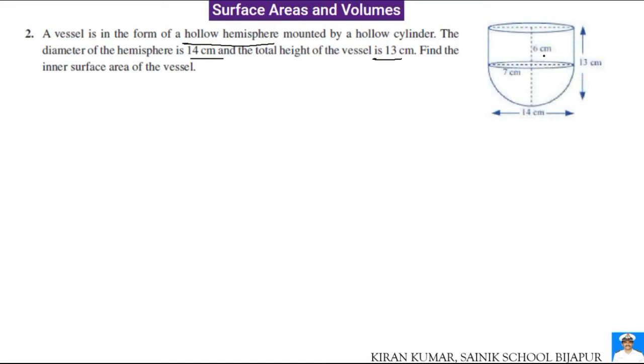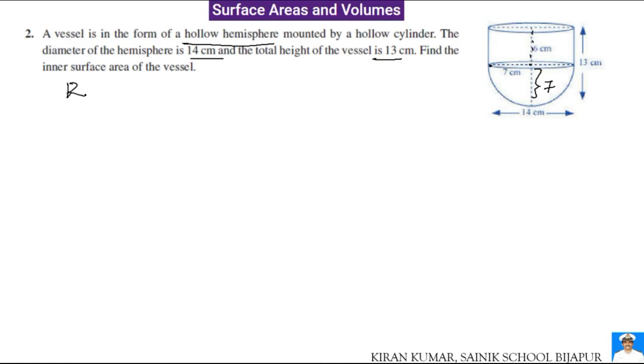Here, 13 centimeter is the total height of the vessel. You have given that diameter is 14, so the radius will be 7. From here to here, the radius will be 7.